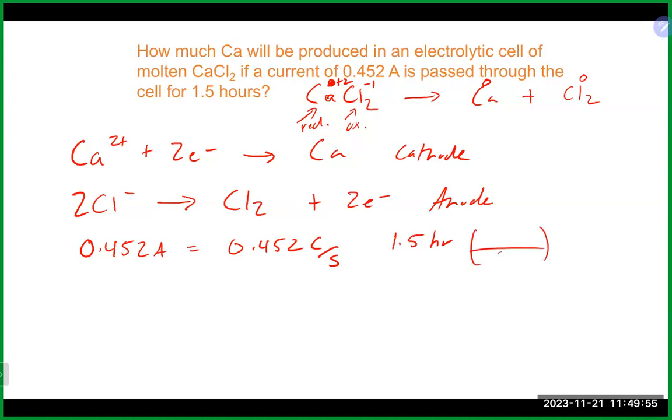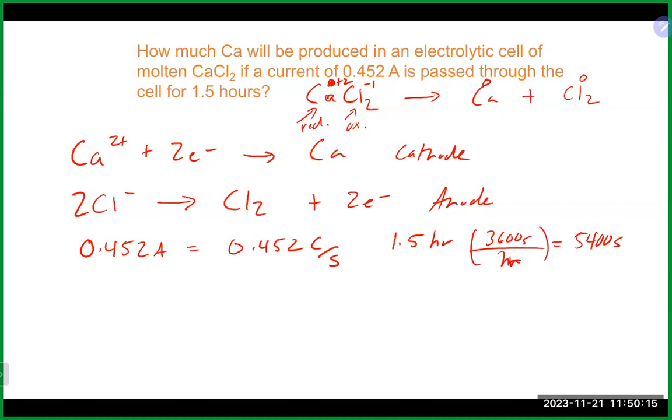So an hour is 3,600 seconds. That is going to be 1.5 times 3,600, 5,400 seconds.